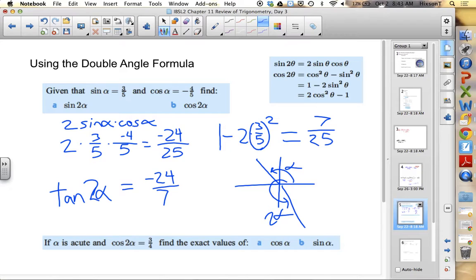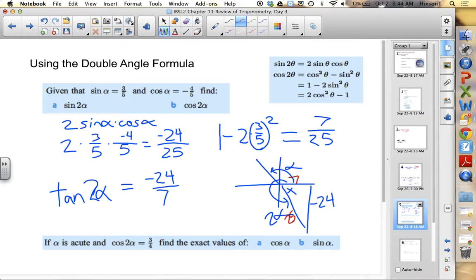So that being said, since sine is negative 24/25, here's our reference angle, here's our negative 24, here's our, let me change colors, 25. This is a 7-24-25 right triangle, right? So now we could find the sine, cosine, or tangent of 2 alpha.